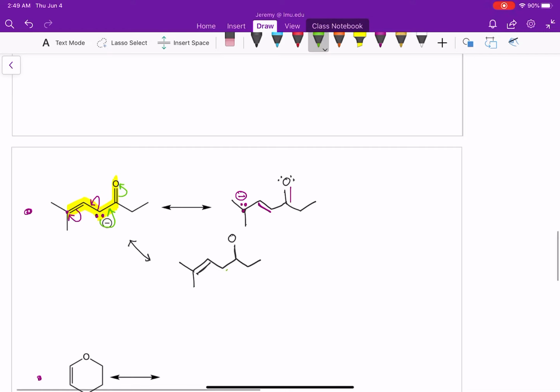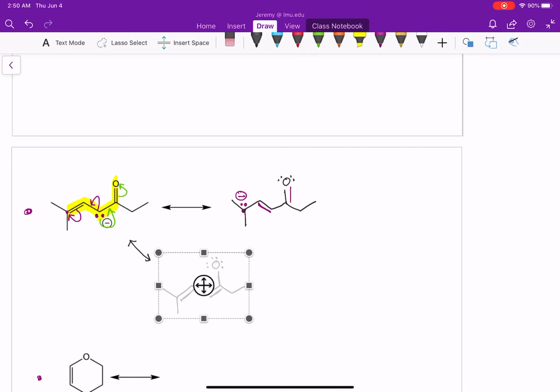The double bond remains there, but now the consequence of taking this lone pair and forming a bond means we now have a double bond here, right? And this double bond here has become a lone pair on the O. So the O had 2 lone pairs, and now the O has an extra lone pair, which means the O now has 7 electrons around it.